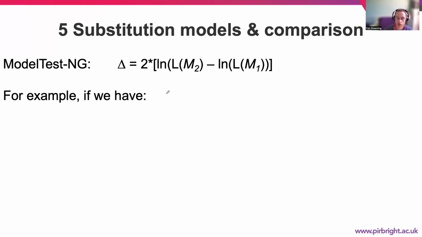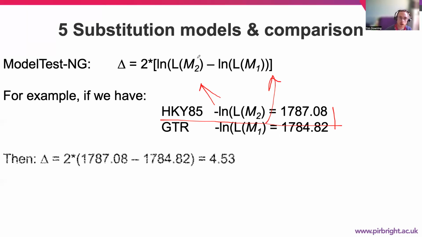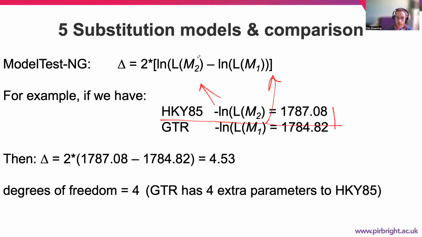If we get a result like this, where the HKY85 model has this particular likelihood, we can compare that to the GTR model and see that the likelihood is different between them. The HKY85 is higher, but we have to consider whether it's actually better. So we can use this formula by putting in the likelihood for model 2 and the likelihood for model 1, taking twice the difference and comparing that to a chi-square distribution to see how extreme that is.